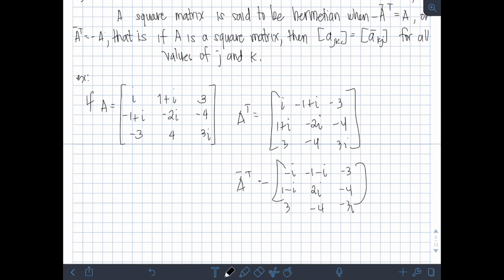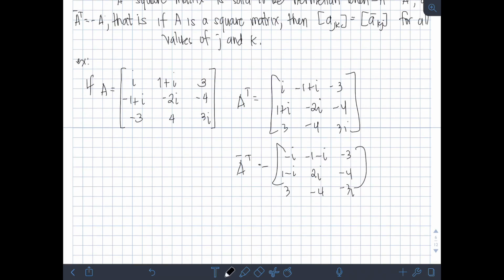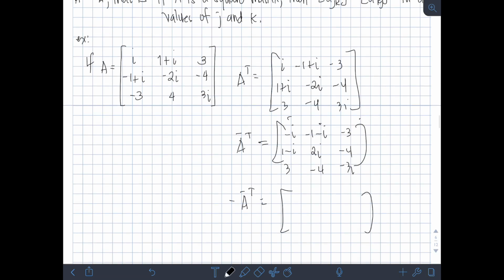And then last step, imu-multiply uli natin sa negative 1 yung bawat term kasi kailangan natin ng negative nitong A transpose conjugate. So, multiply lang natin each entry by negative 1.